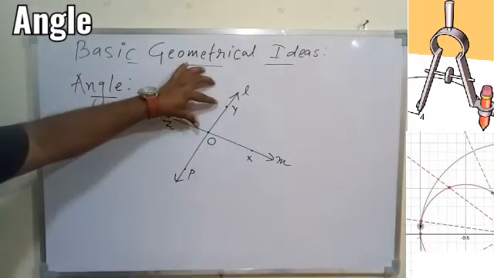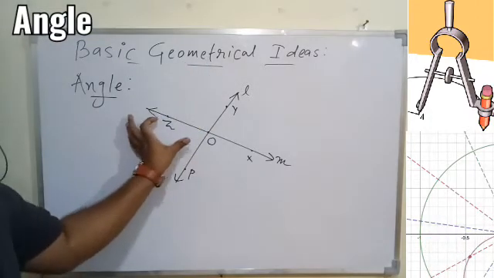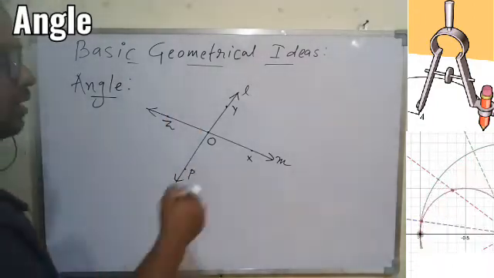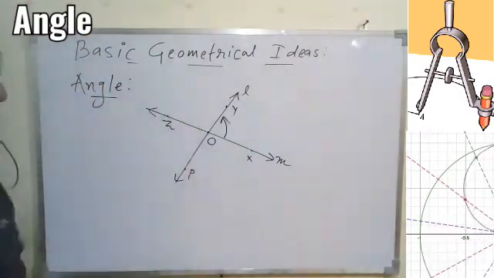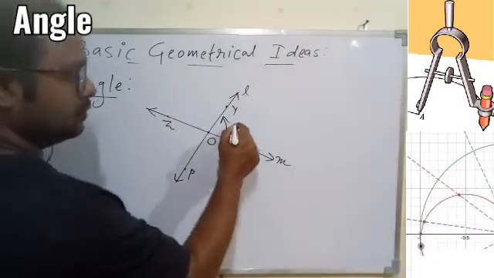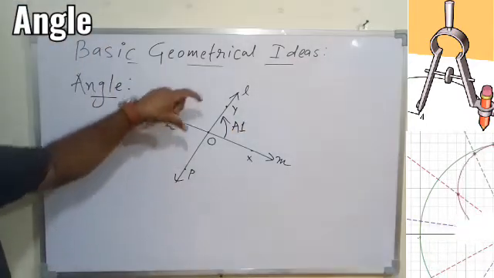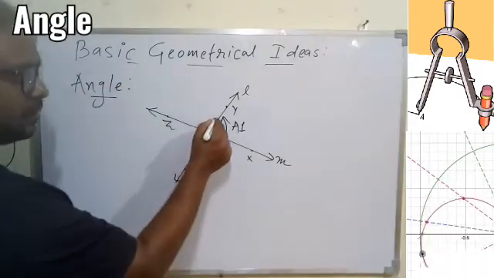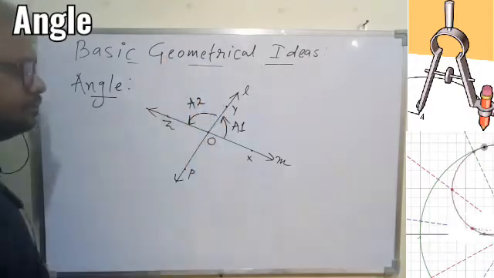Now what you see is that OY is a ray, OZ is a ray, OP is a ray, and OX is also a ray. So the two rays OY and OX meet at the common point O. So we got one angle here. This is your angle 1, I am giving the name A1. Now OZ and OY are two different rays which again have the common point O, so we got another angle, A2.